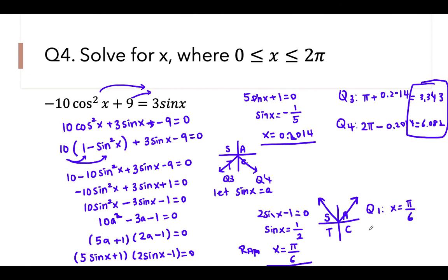And then for quadrant 2, the formula is pi minus pi over 6, my related acute. With a common denominator, I'm going to get 5 pi over 6.